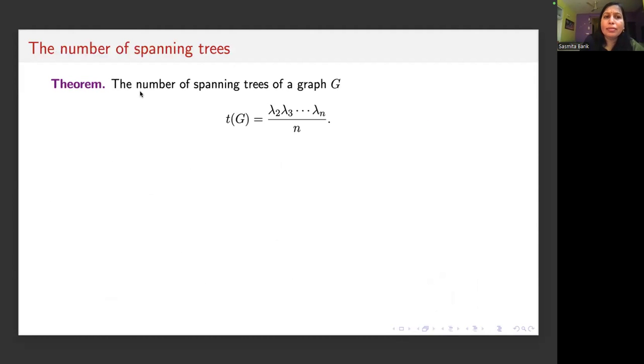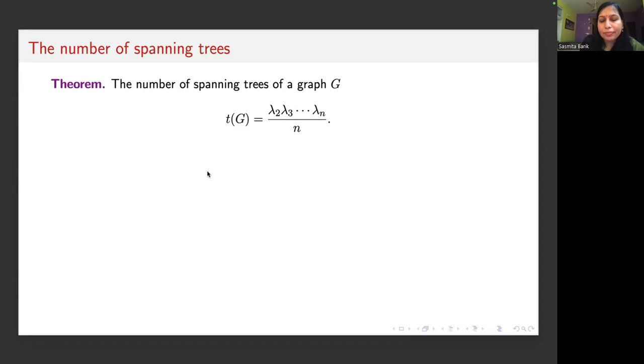Then, as I told, this is more interesting, because if I know somehow the eigenvalues only, then I can get the number of spanning trees. And this can be easily proved, because you have already proved that the number of spanning trees is nothing but equal to any cofactor of the Laplacian matrix.